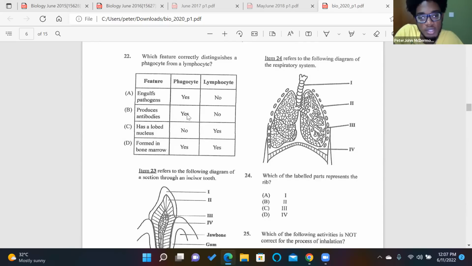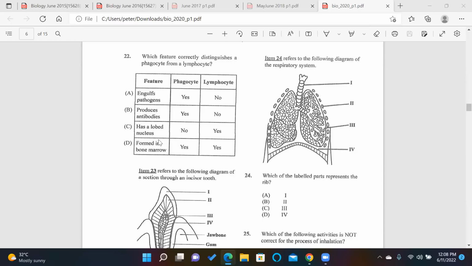Let's just deal with the rest. Does a phagocyte produce antibodies? No. Lymphocyte, yes or no? Yes. Does a phagocyte have a lobed nucleus? Yes. Lymphocyte? No.